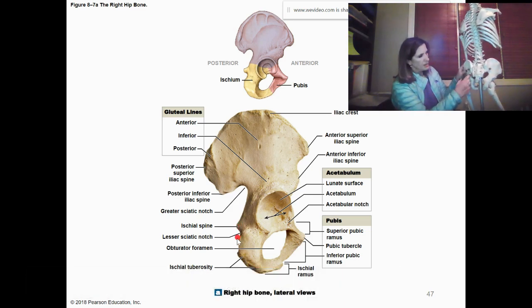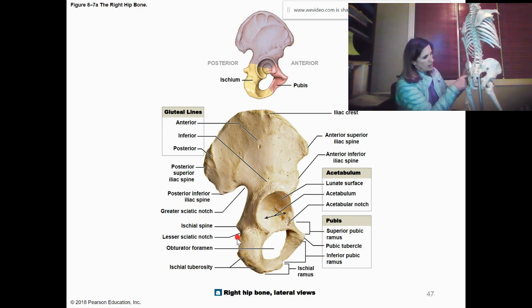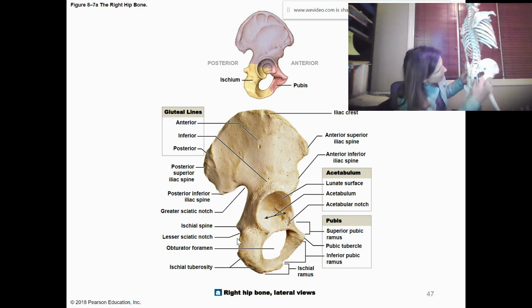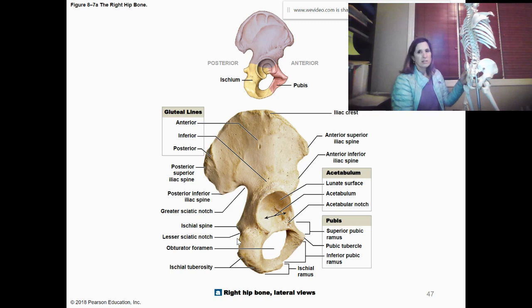So hopefully here you guys can see greater sciatic notch, ischial spine, lesser sciatic notch, greater sciatic notch on the ilium. Now we get to the ischium. This is the ischial spine, lesser sciatic notch.